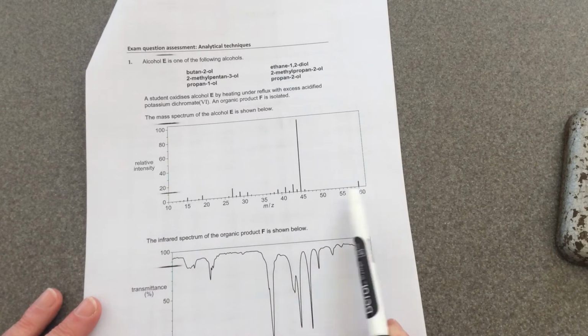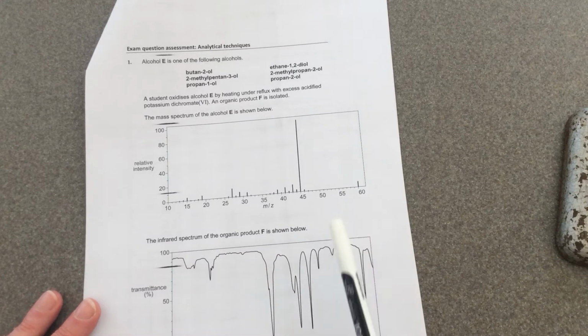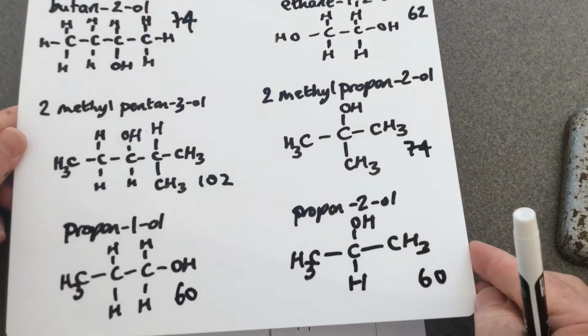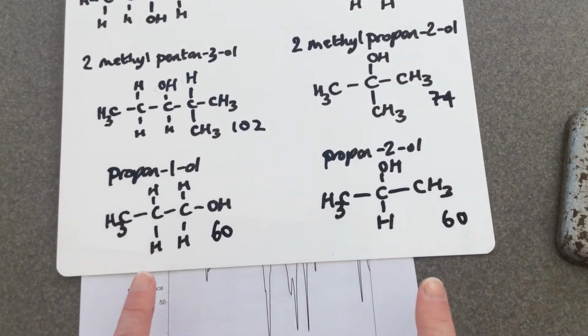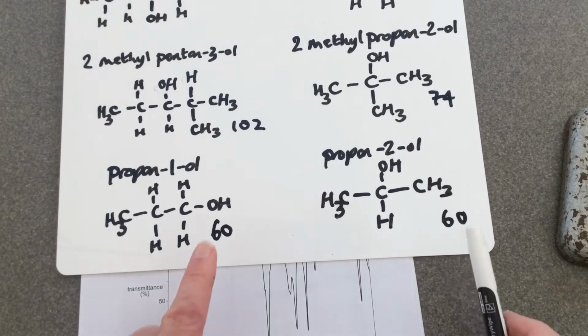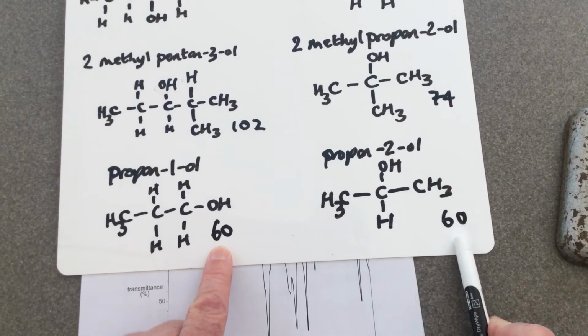And I can see that with an m/z of 60, I have a peak which corresponds to the molecular ion peak. And that's telling me the Mr of the molecule. So I'm clearly only going to be interested in propan-1-ol or propan-2-ol. E could only be propan-1-ol or propan-2-ol because these both have an Mr of 60.